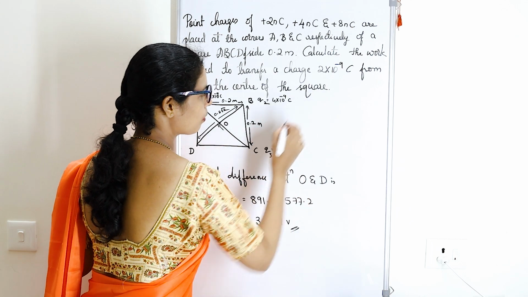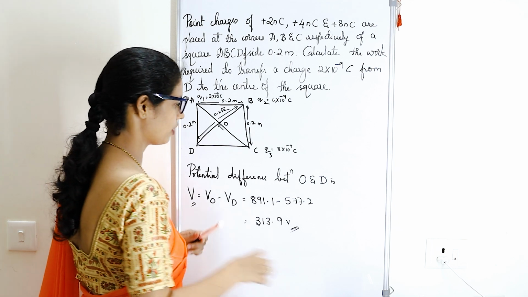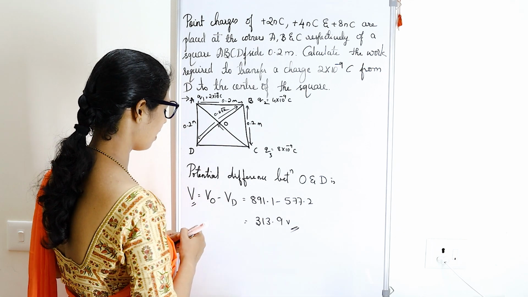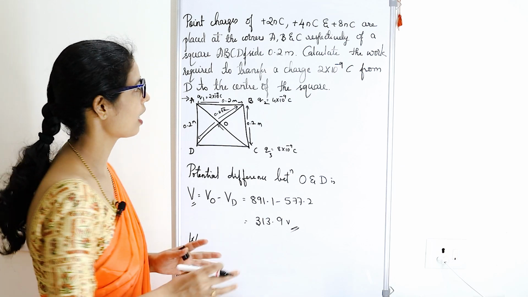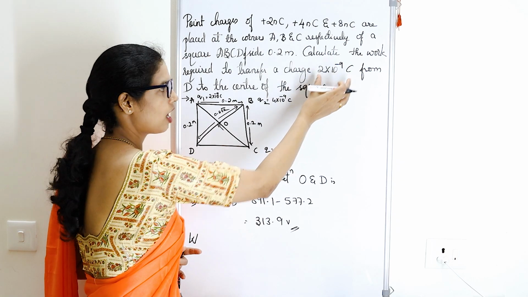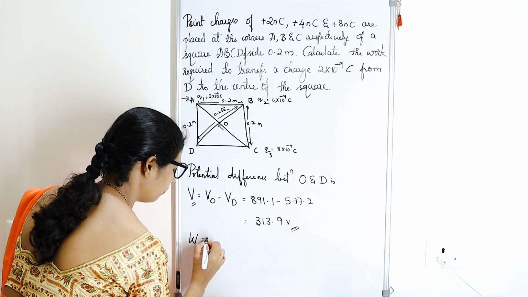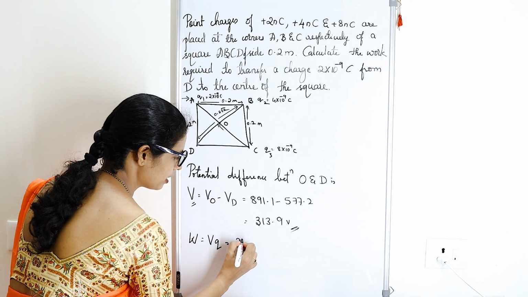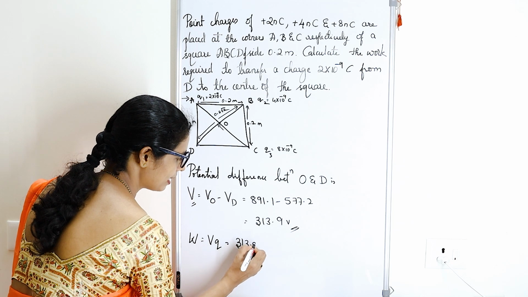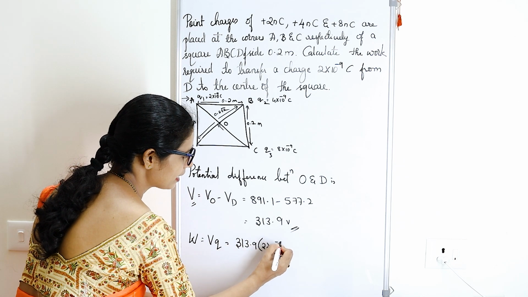To find out work, you need potential difference, and you have got the value for potential difference here. So we'll find out the work required to transfer this much charge from point D to O. That is V into Q. The potential difference is 313.9 into the charge 2 into 10 to the power of minus 9.